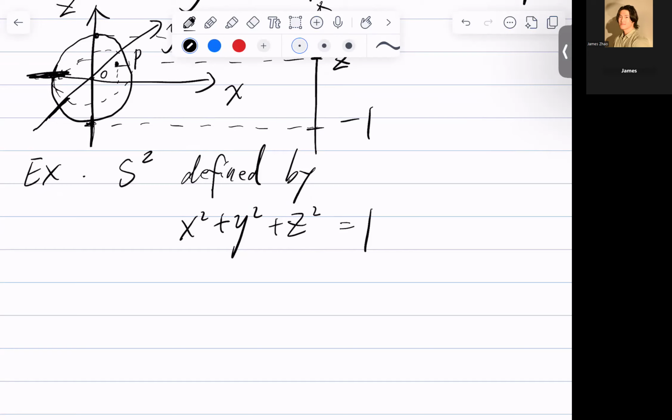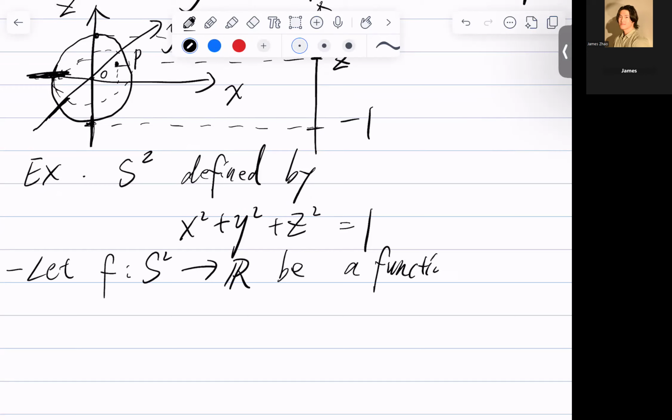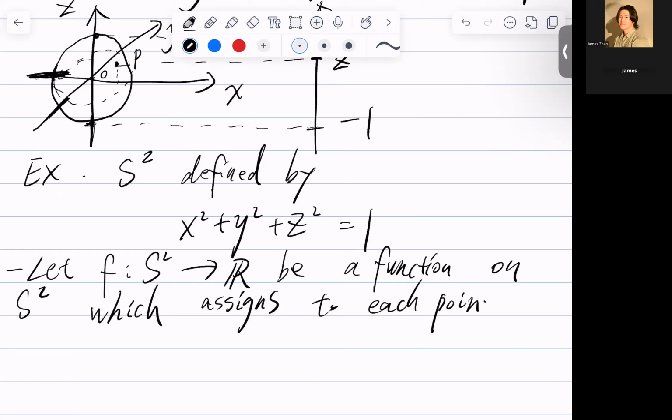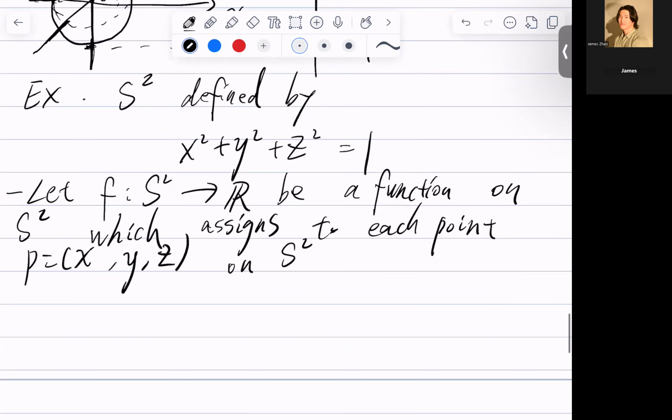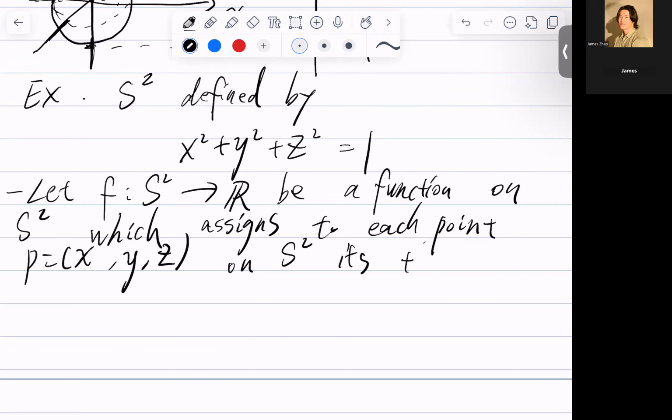And then we let f map from this surface to R, which is a function on the sphere, and it assigns to each point P of x, y, z on S2 its third coordinate.